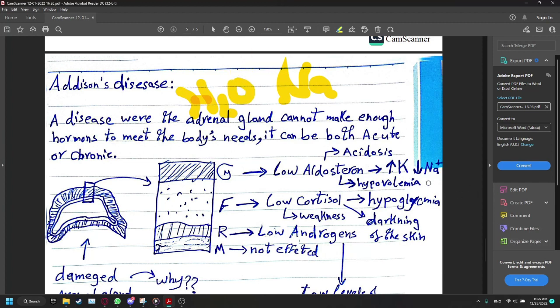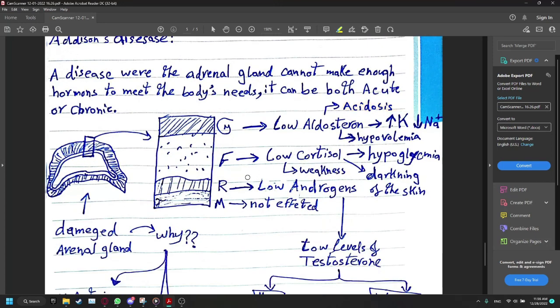So when there's too much sodium present in the nephron, it's going to grab water with it, right? And so that's just going to cause hypovolemia. And hypovolemia can also cause acidosis. So it could even develop into renal failure, which is, I guess, a thing.